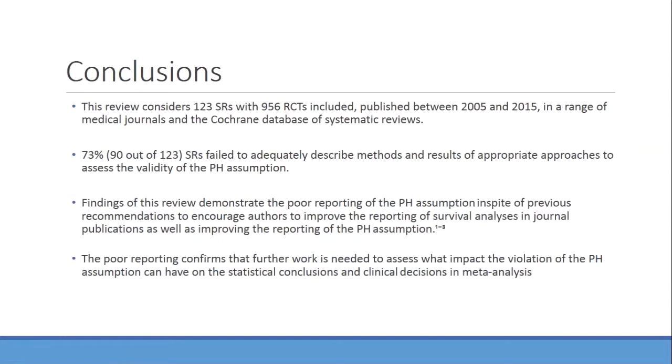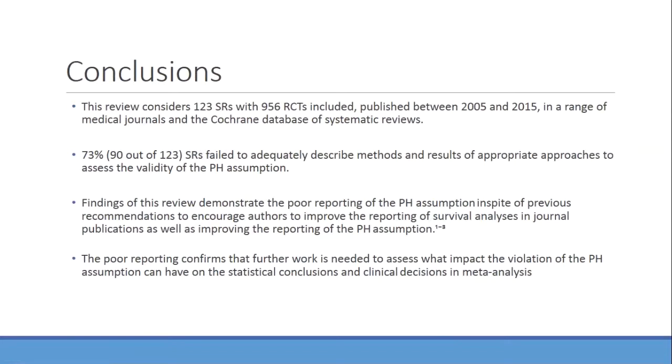So to conclude, this review considered 123 systematic reviews with 956 RCTs included, which were published between 2005 and 2015 in a range of medical journals and the Cochrane Database of Systematic Reviews. 73% of the systematic reviews failed to adequately describe methods and results of appropriate approaches for assessing the validity of the PH assumption.